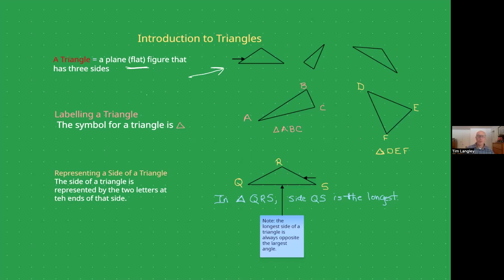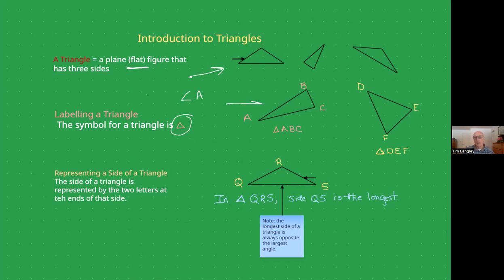Do you remember in the last unit when we were talking about angles, we wrote this symbol, and we could say angle A? Well, in this unit, we label triangles with a triangle symbol that looks like this. It's a little triangle. For instance, look at this triangle I'm pointing at with my arrow.